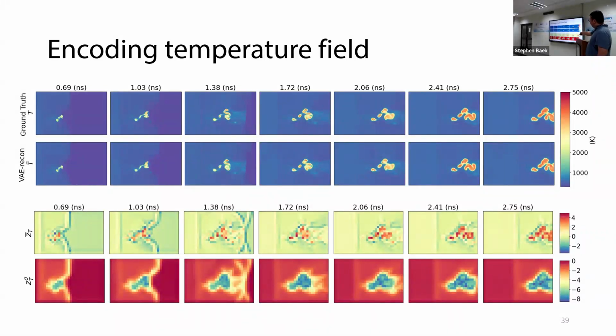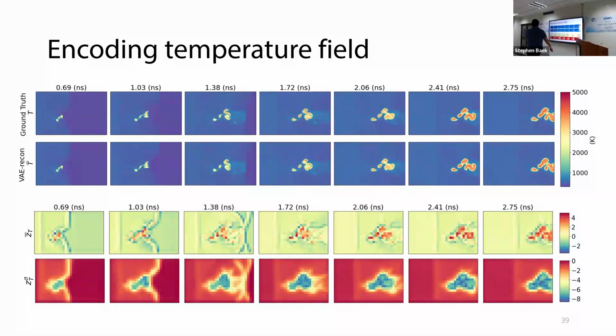Now, the bottom two rows are the actual z's. We have the representation of ZT, so we have a ZT bar and a ZT sigma. For each pixel we have 4 values, and what's displayed here is one of those 4 values.